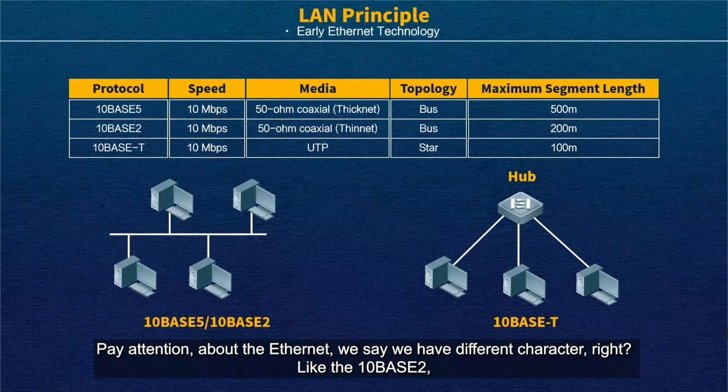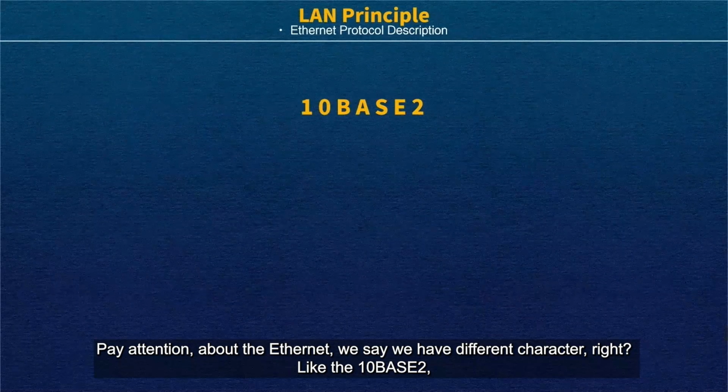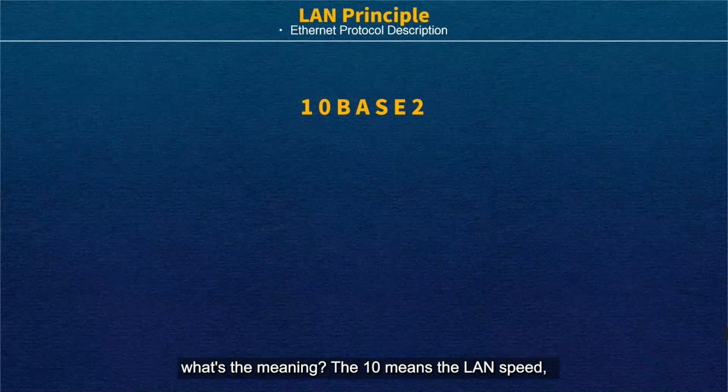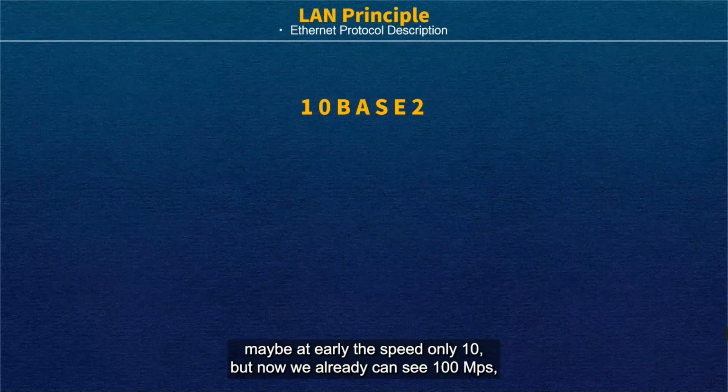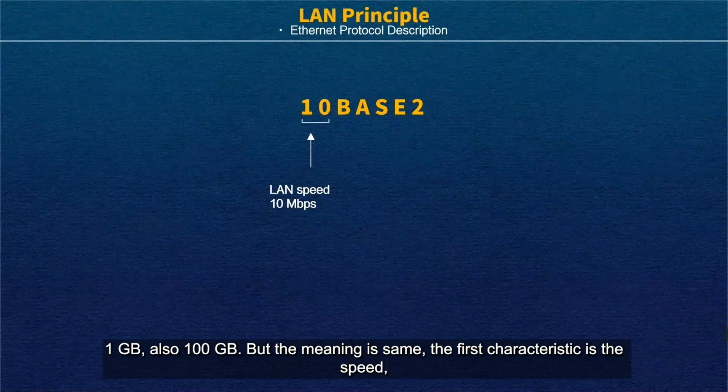About the Ethernet, we see we have different characters, right? Like 10-base-2, what's the meaning? The 10 means the LAN speed. Maybe at the early stage, the speed was only 10, but now we can see 100 Mbps, 1 Gbps, also 100 Gbps. But the meaning is the same. The first characteristic is speed.